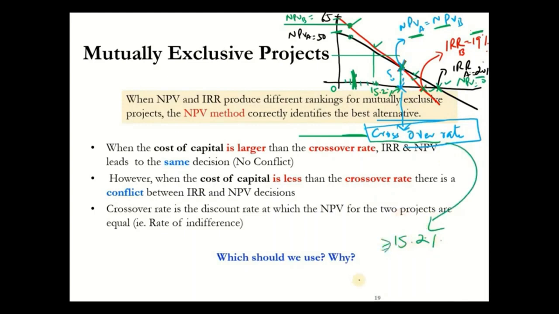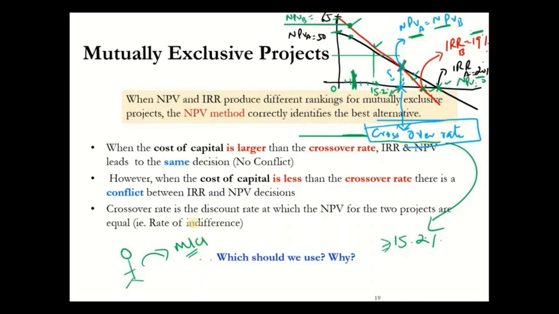All of these are theoretical, but when you go into the market and the market offers you a rate of, let's say, 22%, you will say I'm not going to select any of the projects because the cost of capital is higher than the IRR of both projects, right?